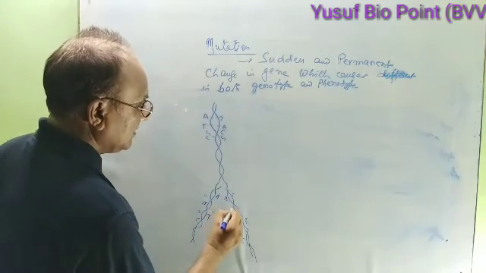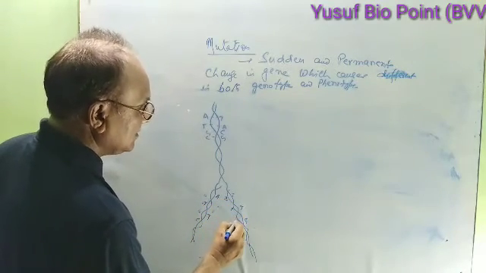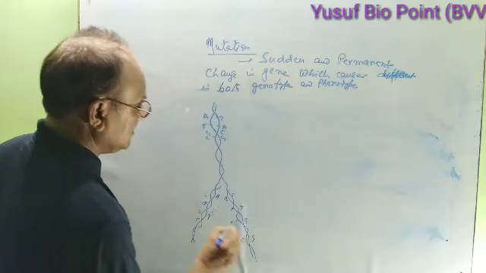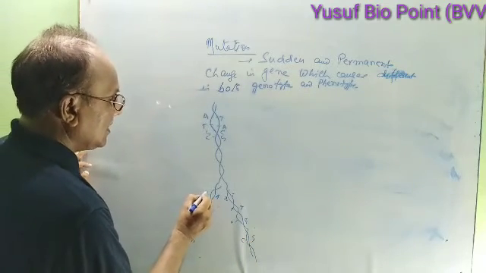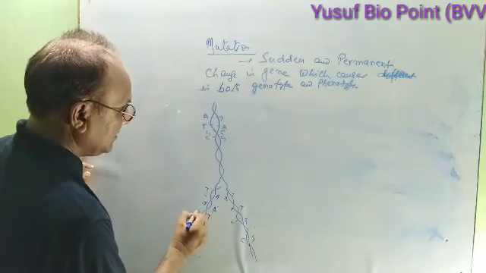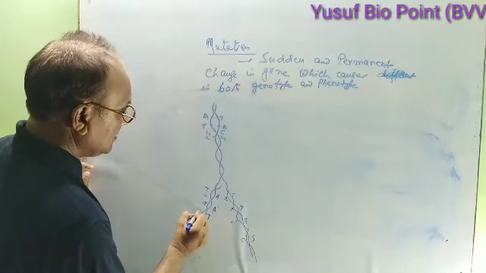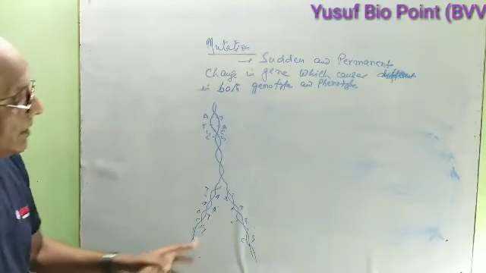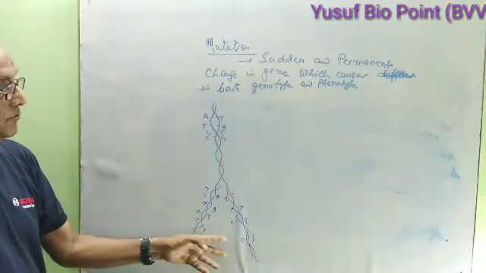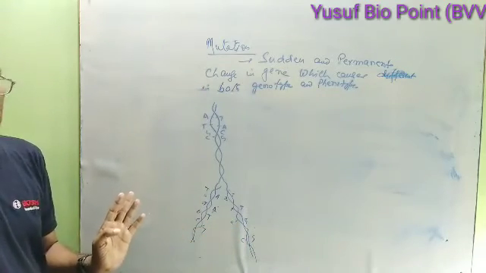This is A, this is T, this is C, this is G. This is T, this is E, this is C, this is G. If the same type of DNA is formed, that will be the normal recombination.